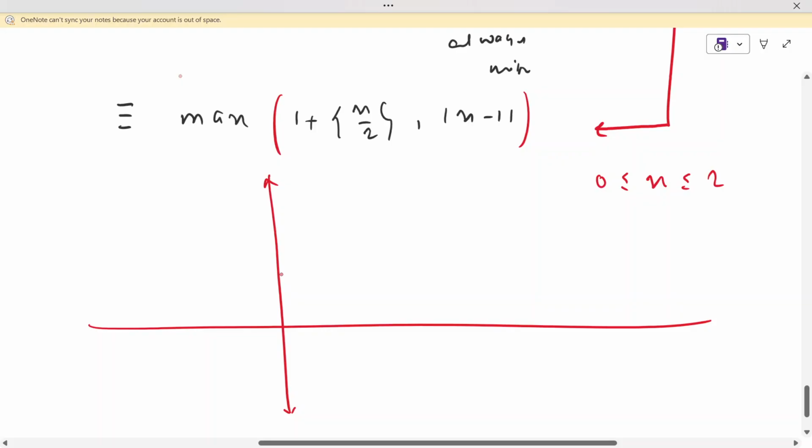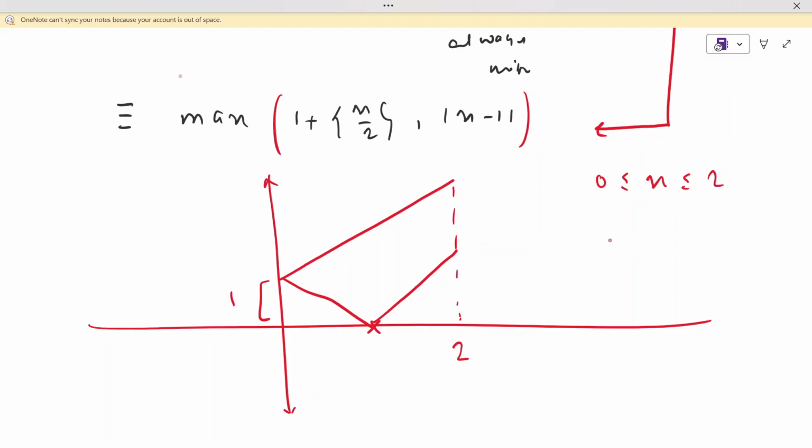So at x equal to this, it is 1. That is important. So this is equal to 1, and this is 2, 1. We'll take the next.